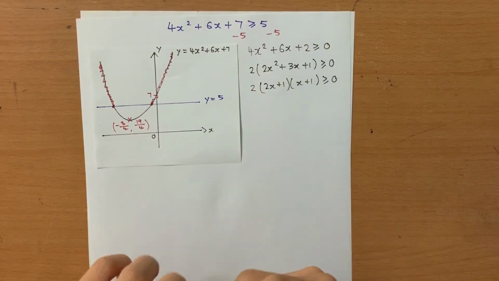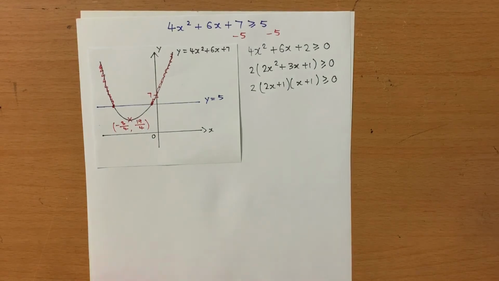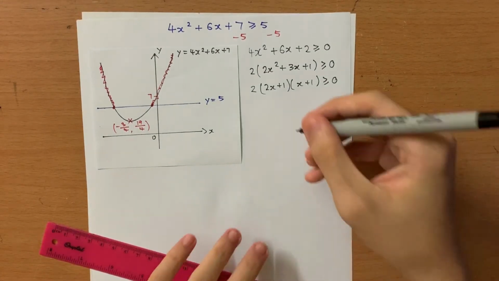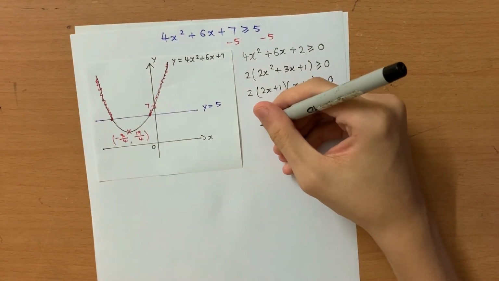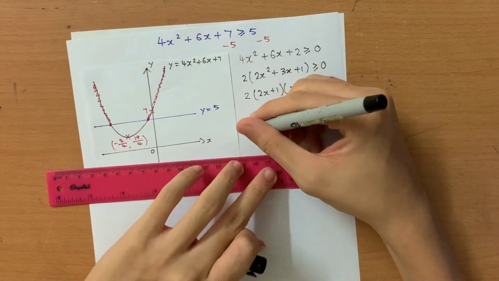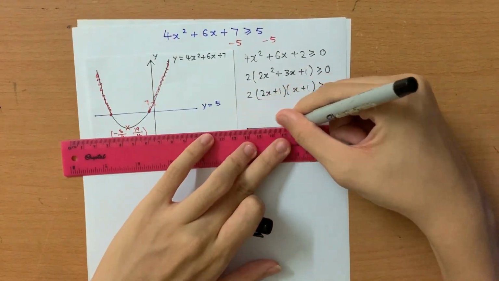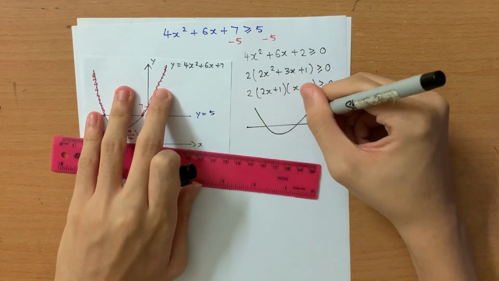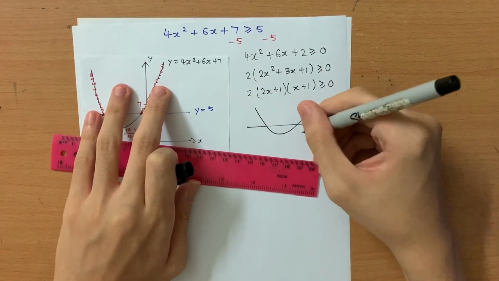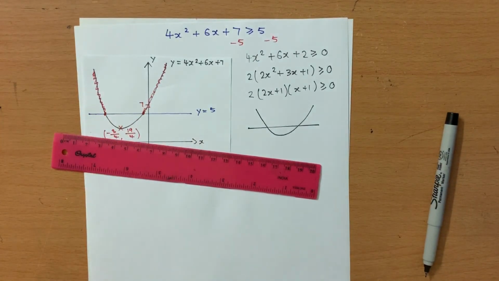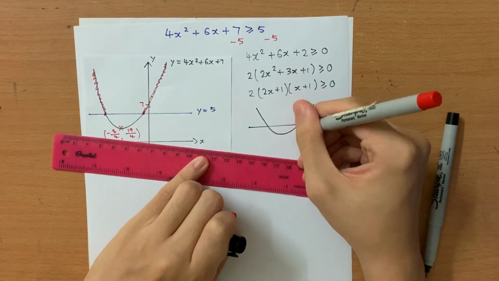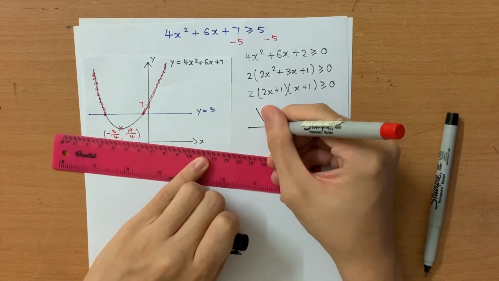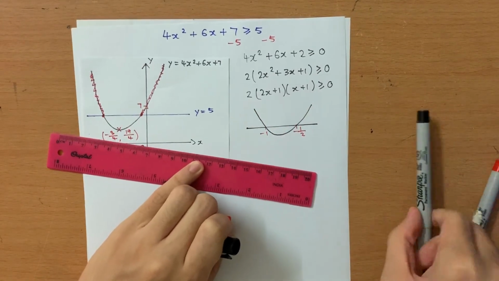We can draw a graph here to illustrate what is happening. I'm going to draw a line, and this is our curve. Here this is negative half and this is negative 1.